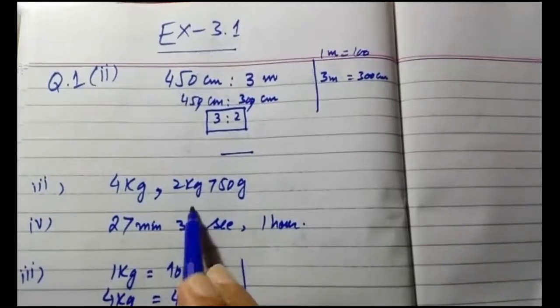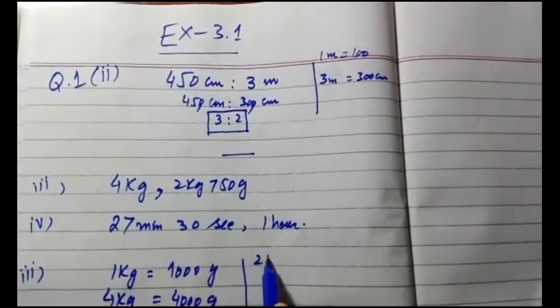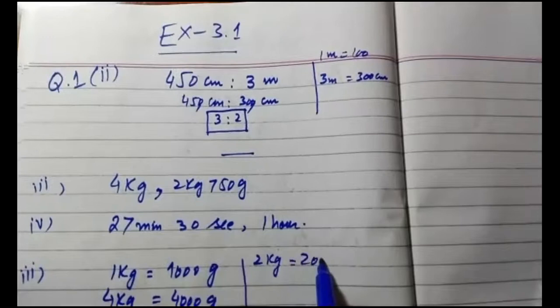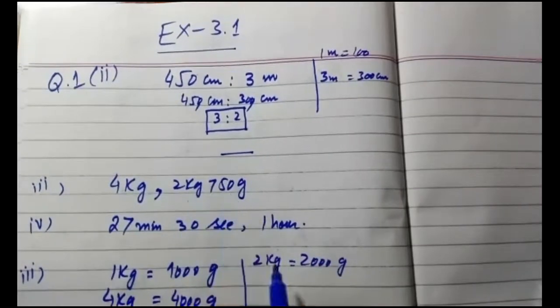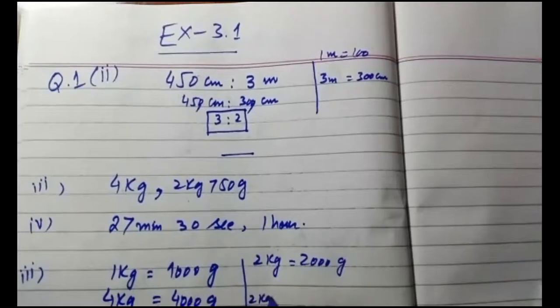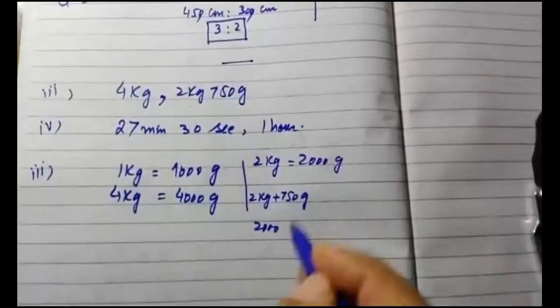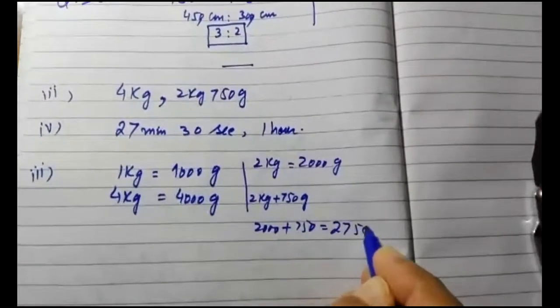And similarly, we have 2 kgs and 750 grams. First, we will convert 2 kgs into grams. So 2 kgs will become, because of this unit, 2000 grams. And we have to convert 2 kg and 750 grams, so we should write in this form: 2 kgs are 2000 grams plus 750, so it will become 2750 grams.